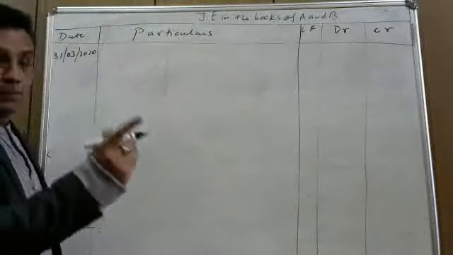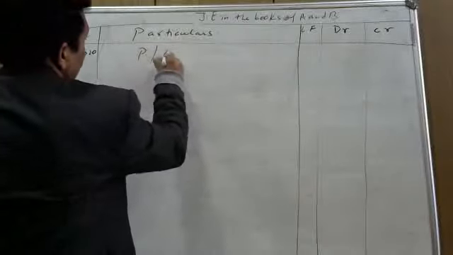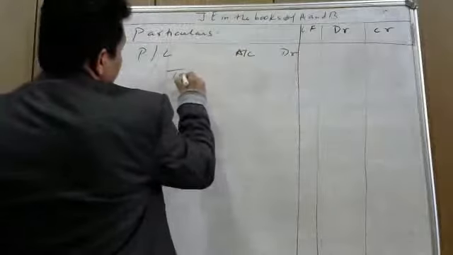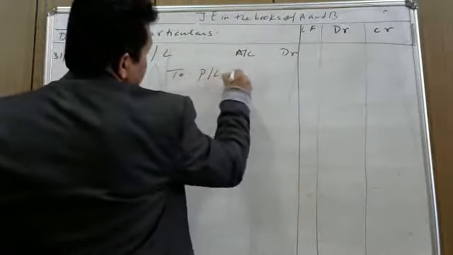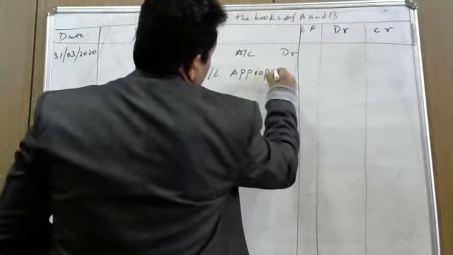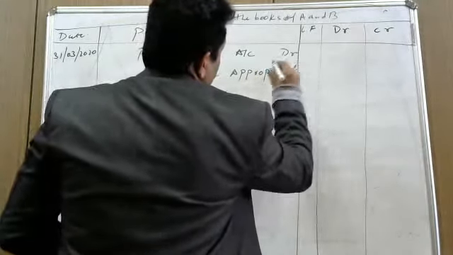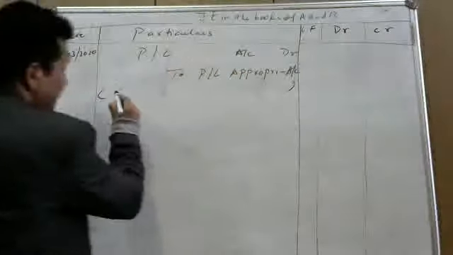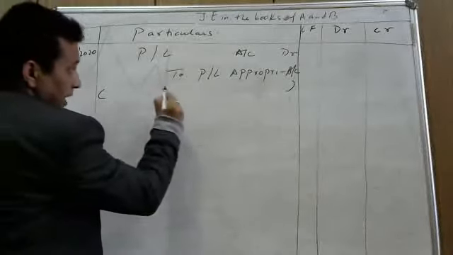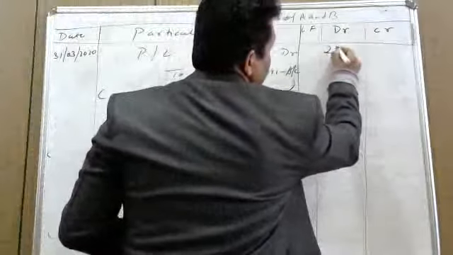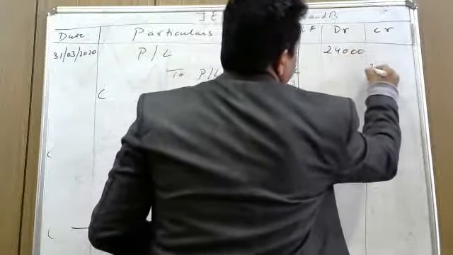The first entry will be transfer of profit: Profit and Loss account debit to PL appropriation account, being profit transferred to PL appropriation account, 24,000.